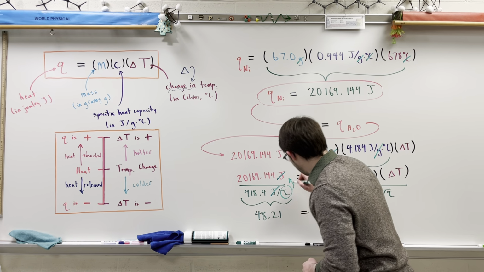Okay, so based on our calculations, our water should have gotten 48.21 degrees Celsius hotter than it was before. Now, this isn't actually the end of the problem. We have one more thing to do, and that's to figure out what the new temperature of the water is going to be after it raises by this much. If we check back in our data, our water started out about 22 degrees Celsius.